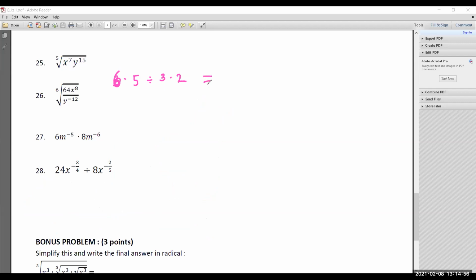This is not the same as this. No, no, no. It means you multiply this into 30, then 30 you divide by 3, which is 10, and then 10 you multiply by 2, 20. You get what I mean? It will be different if I use parentheses.